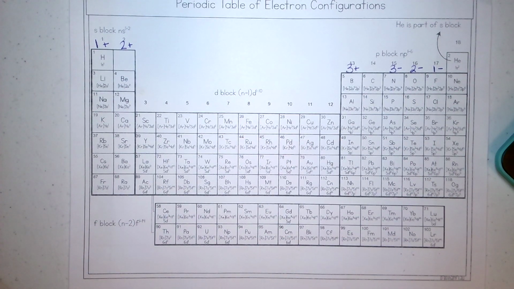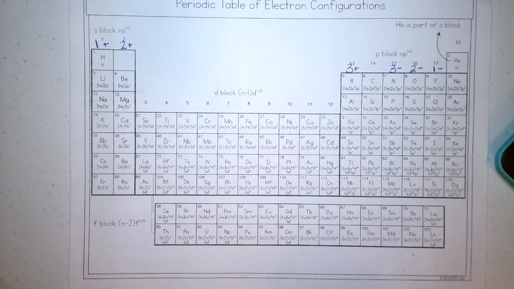Atoms want 8 valence electrons. They want 8 electrons in their outermost shell. Okay, always. They want 8 valence electrons, except for helium. And it's perfectly happy with just 2 because it only has an S, and hydrogen doesn't want 8 either. Hydrogen is actually happiest when it has no electrons, but we'll get to that in just a moment.